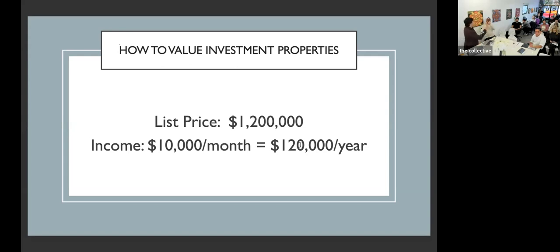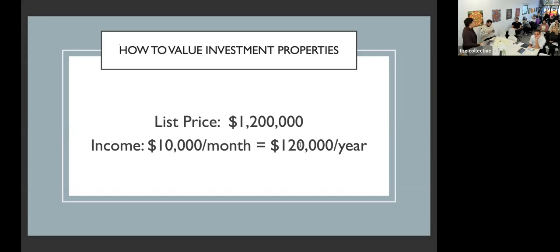Let's just say it's a fourplex, 4 units, all 2-bedroom, 1 baths. Just for simplicity, let's say they each get $2,500, right? So you have 4 units, $2,500 each times 4 is what? 10,000, thank you. Okay, what's the yearly income? Right, 10,000 times 12 is 120,000.